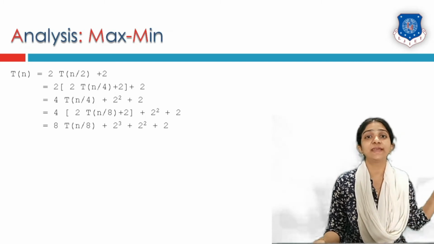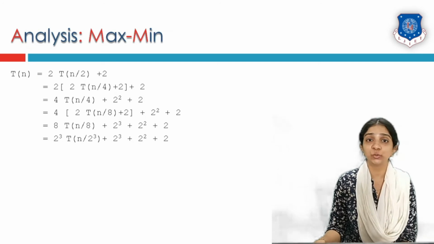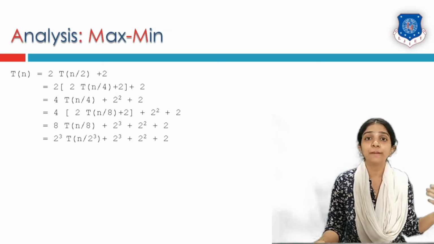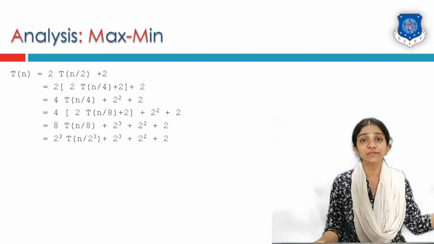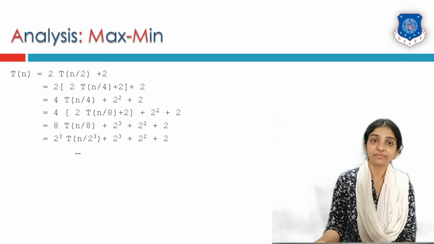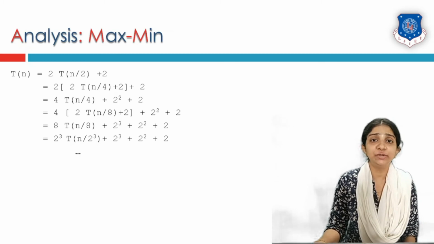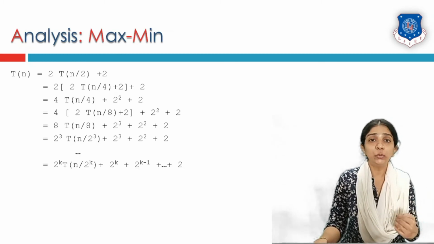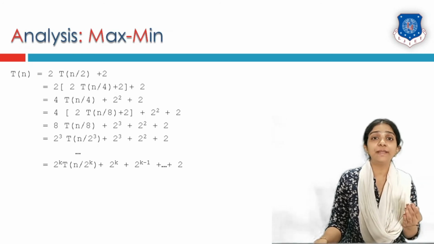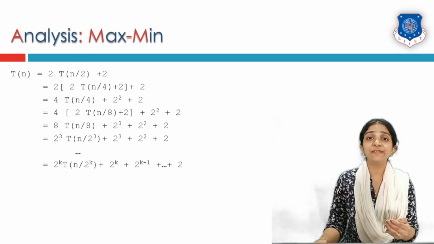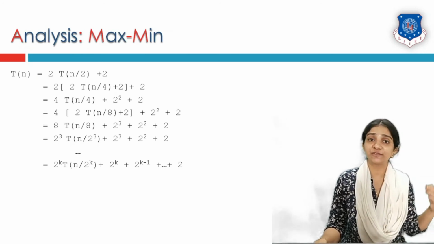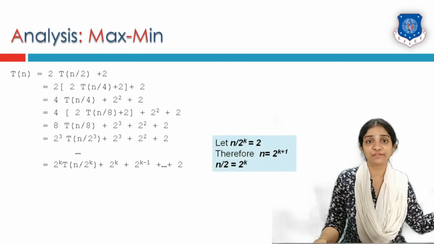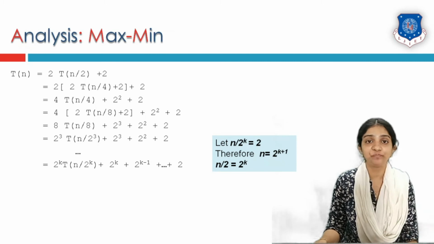Now this 8 can also be represented as 2 cube: 2 cube T(n/2 cube) + 2 cube + 2 square + 2. If we keep on substituting, our generalized term would be 2 raised to k T(n/2 raised to k) + 2 raised to k + 2 raised to k minus 1 + 2 raised to k minus 2 up to 2 raised to 1, that is equal to 2.